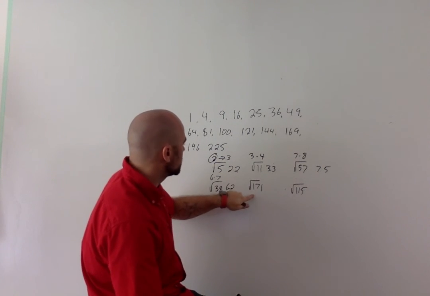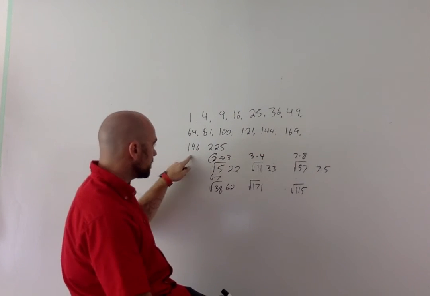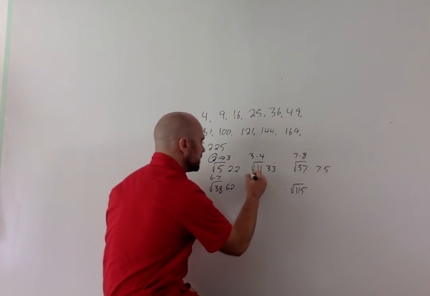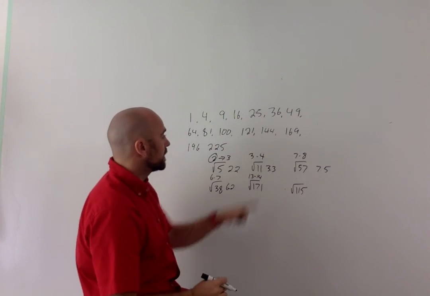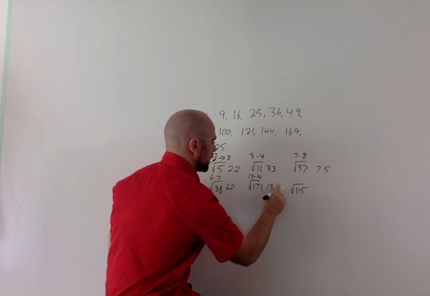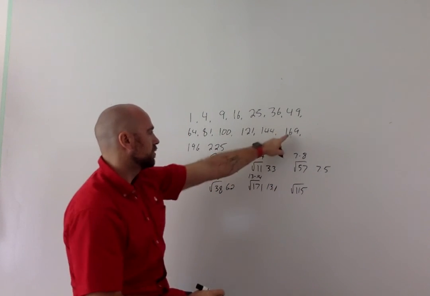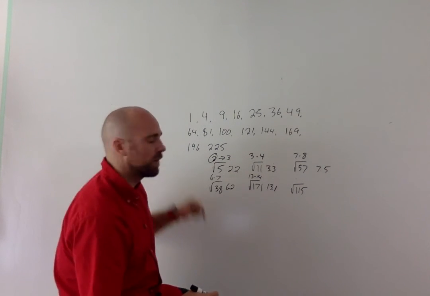My next one, 171. It's going to be between 169 and 196. Okay? So it's going to be in between 13 and 14. Okay? But it's really close to this one. I'm going to go 13.1. Okay? It's really close. Okay, it's 2 away from there, but it's 25 away from here.